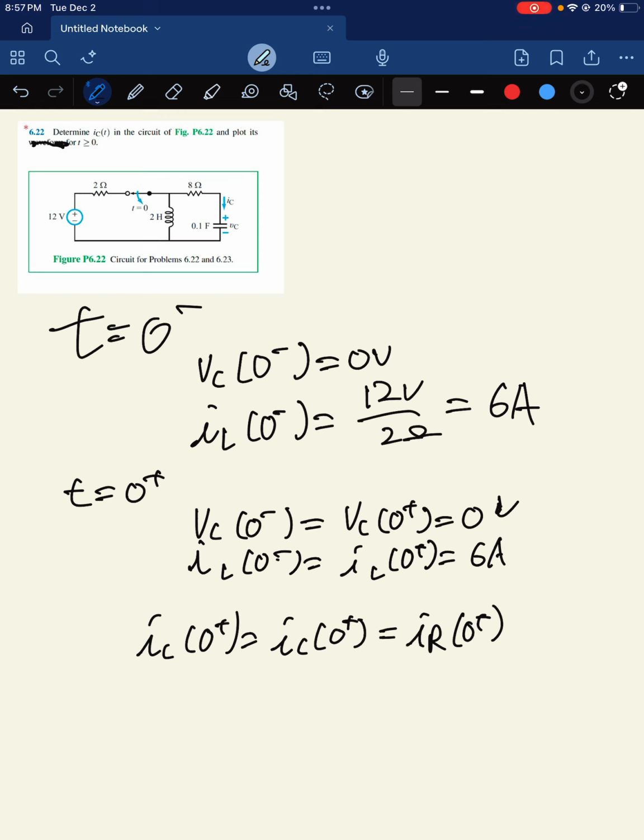Now to find IC prime of 0 plus, I'm gonna do a KVL right here. Actually, do the KVL first.